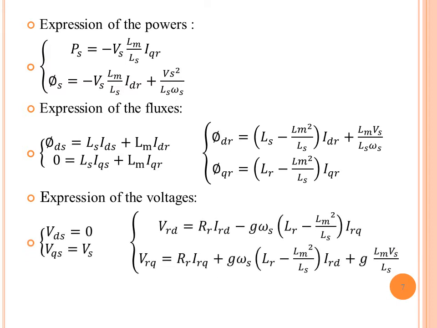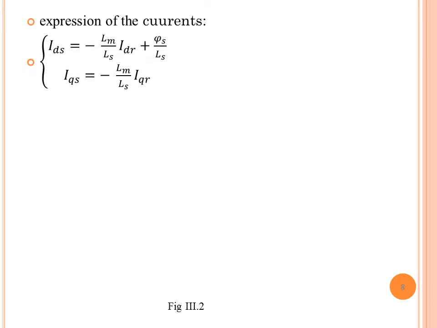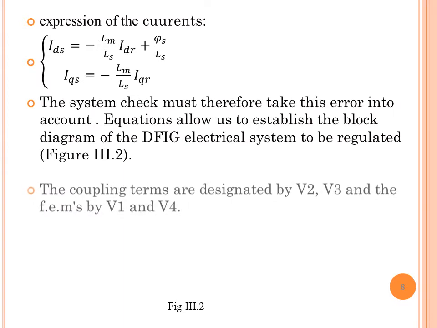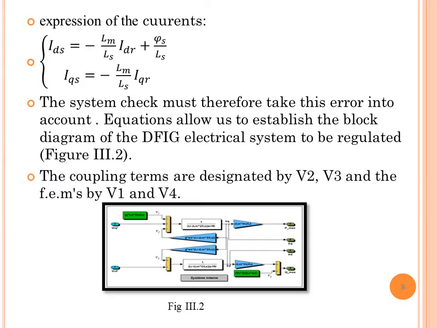Expression of the voltage on rotor and voltage on stator, Vds equals 0, Vqs equals Vs. Expression of the currents, Ids and Iqs. The system control must therefore take this error into account. The equations also allow us to establish the block diagram of the double-fed induction generator electrical system to be regulated.